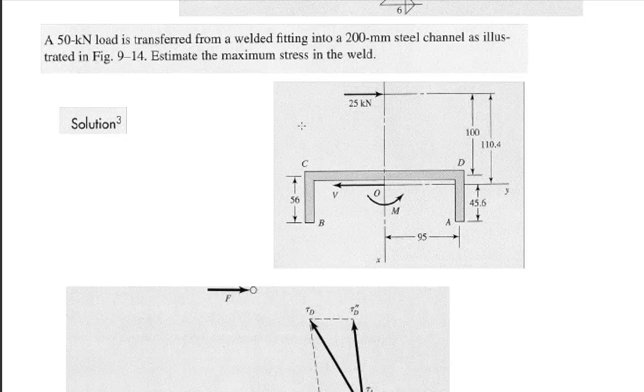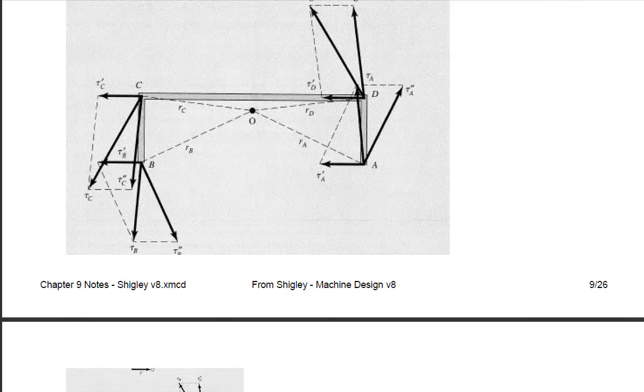So here's our shape. This is a picture that shows at every corner, which is generally where the high stresses are, we see precisely the same primary shear, all horizontal, all of the same size. But then we see different secondary shears, each perpendicular to its radius line.